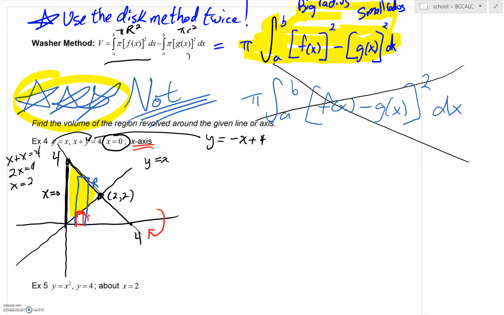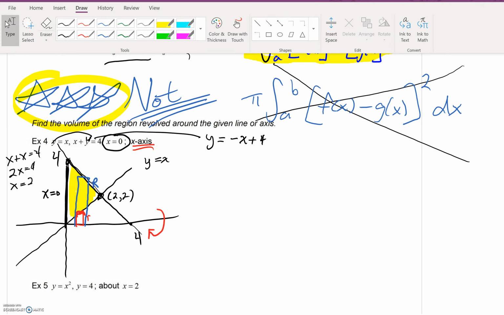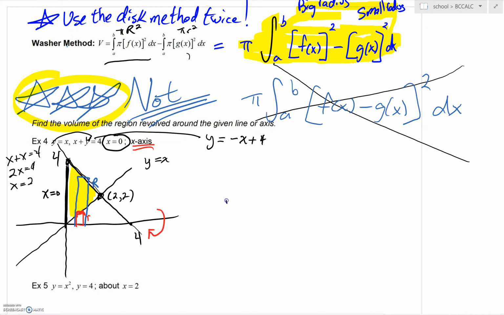So as you're stacking those left to right, you're going to be integrating in terms of x. So you're going to integrate between 0 and 2. And I'm going to pull out a pi. But I want to have a big radius minus a little radius, but they're going to be squared.